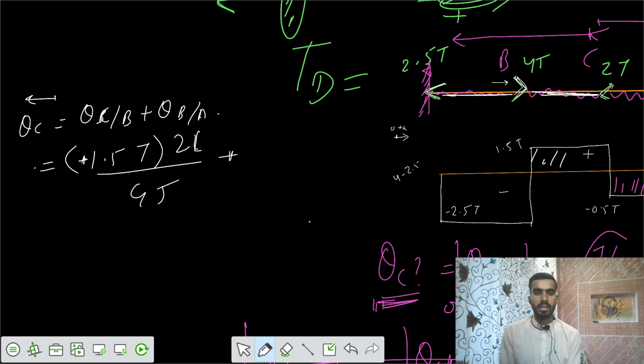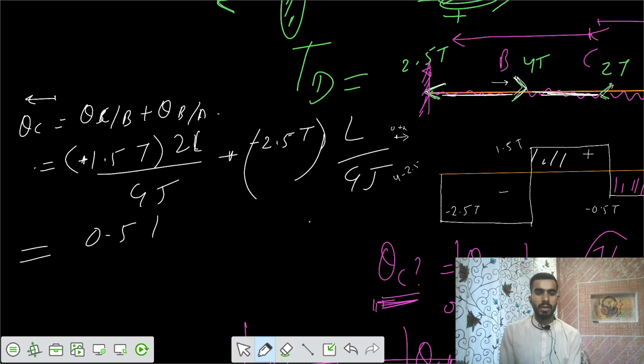And similarly for the next part, we have negative torque of minus 2.5 T and length of L by GJ. So you got a net value of 3 minus 2.5, that's positive 0.5 TL by GJ.